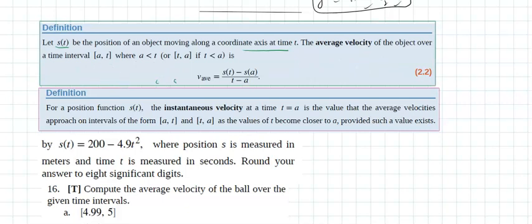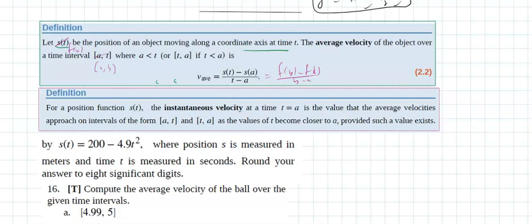I just want to make sure that you're not that confused. If I replace this by f of x, and I call this from A to t, or A to B, then this is nothing more than f of b minus f of a over b minus a.